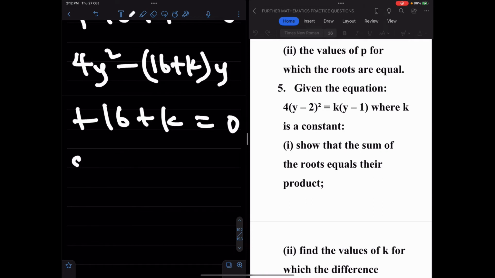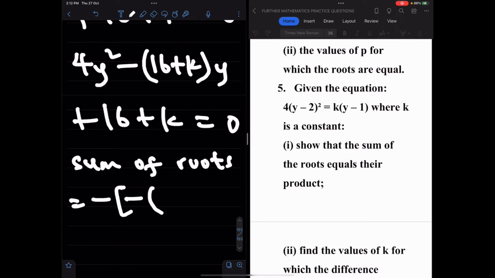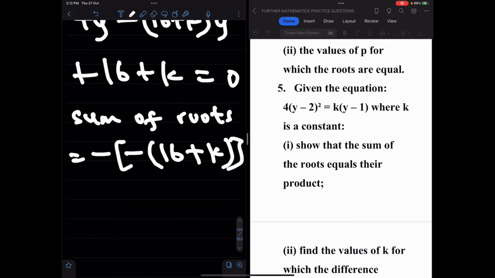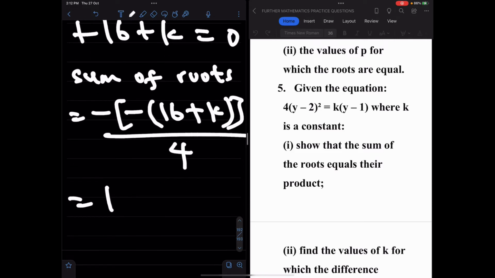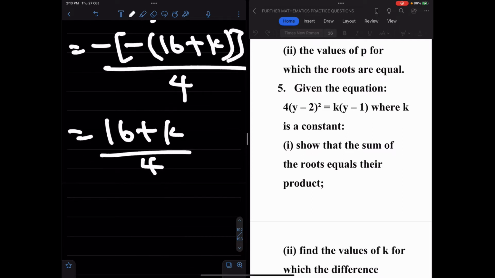Now the sum of the roots is therefore equal to minus b over a, which is minus open bracket minus 16 plus k, all over a, which is 4, and that simply means 16 plus k over 4. That's the sum of the roots.